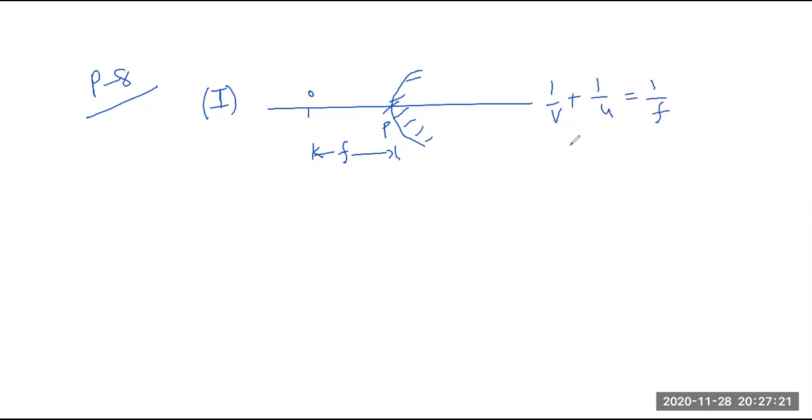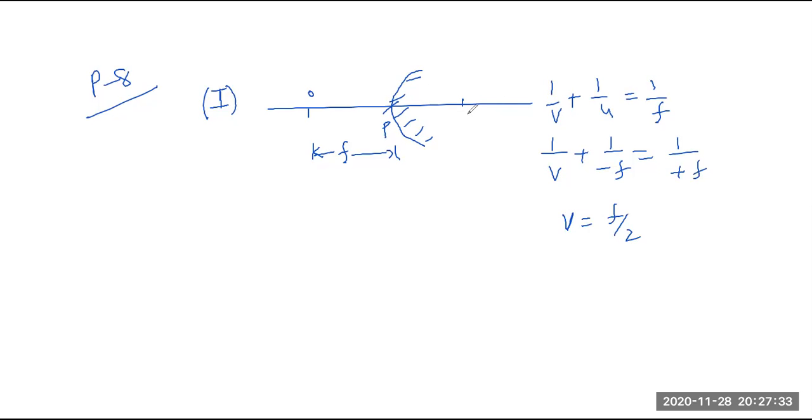First, they have given an object placed at the focus before a convex mirror. Let us take a convex mirror. This is the convex mirror, and the object is placed in front of the pole at a distance of the focus. Apply the mirror equation: 1 by v plus 1 by u is equal to 1 by f. 1 by v, that I don't know, plus 1 by minus f, that is 1 by f plus 1 by f, so it becomes 2 by f, then v will become plus f by 2.